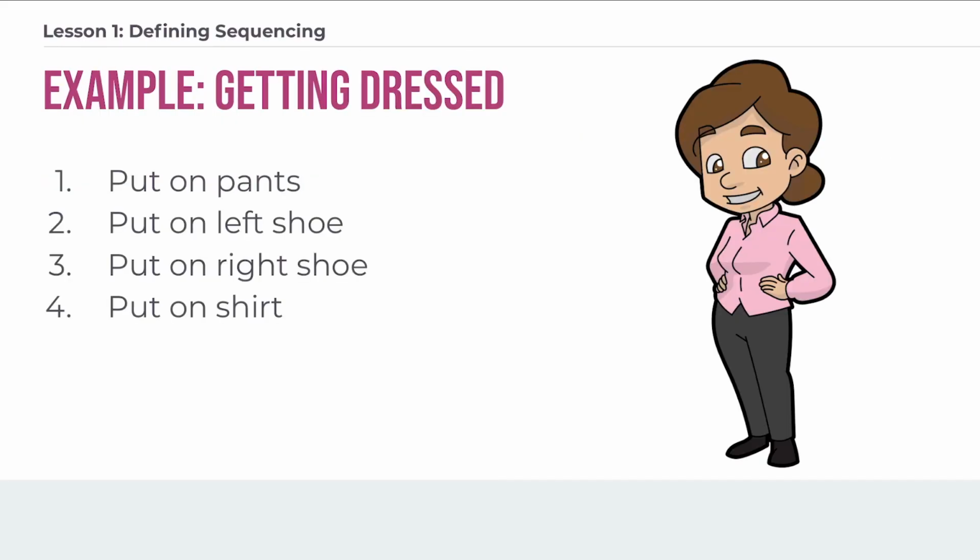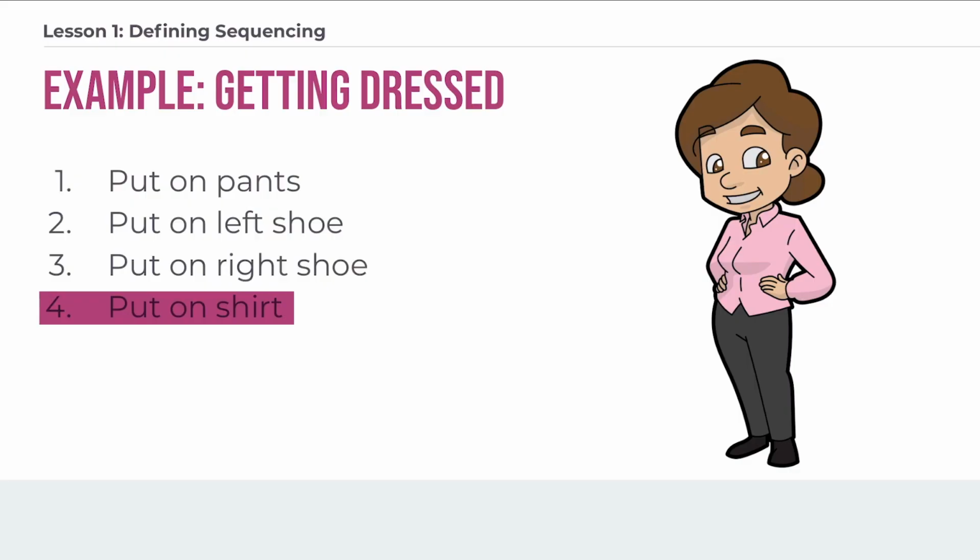Let's look at an example of an algorithm that uses sequencing that should hopefully be very familiar to you, and that is how you get dressed. So on the screen, you can see that we've got a list of instructions, 1 through 4, that need to be completed in a certain order. So step 1, you put on pants. Step 2, put on the left shoe. Step 3, put on the right shoe.